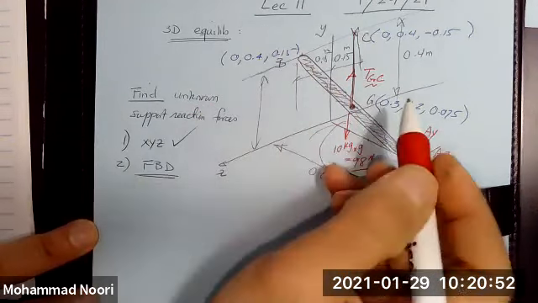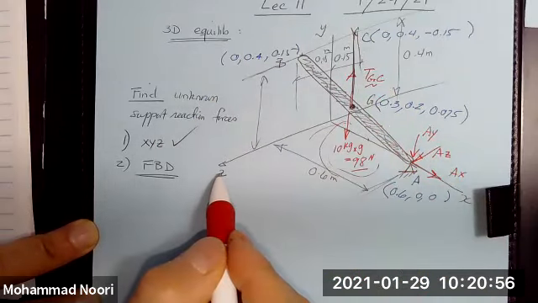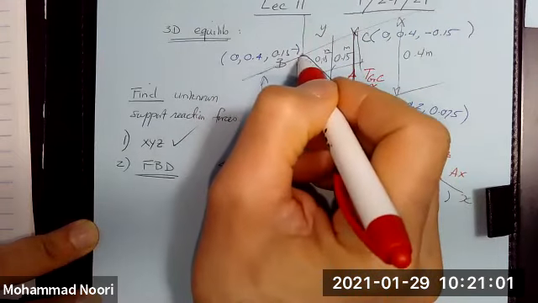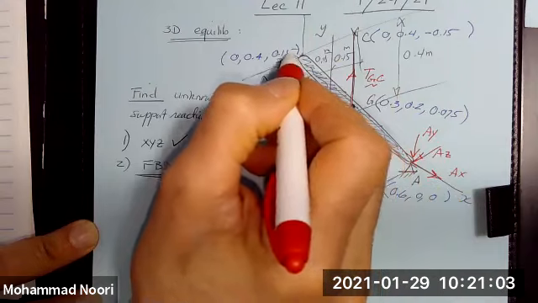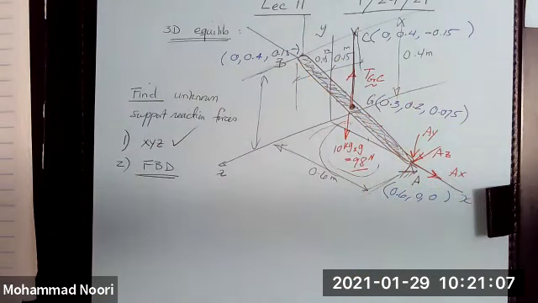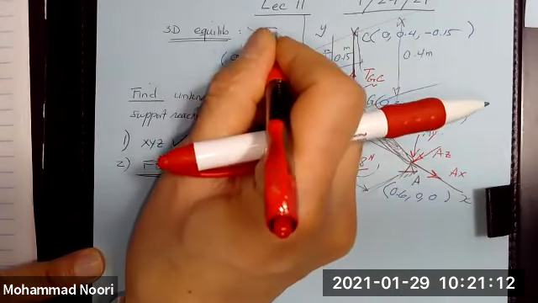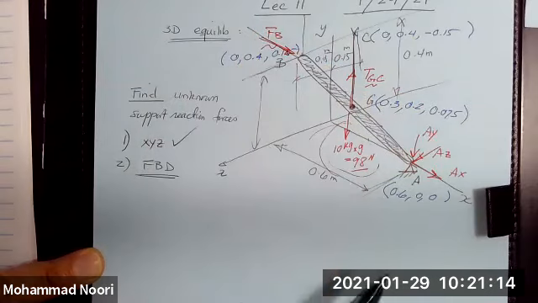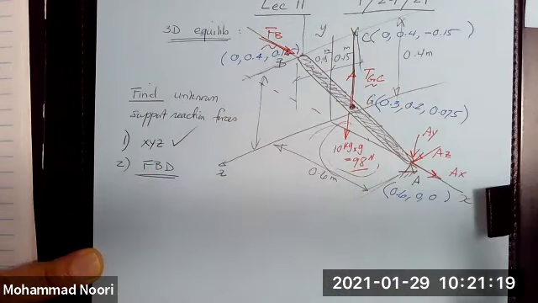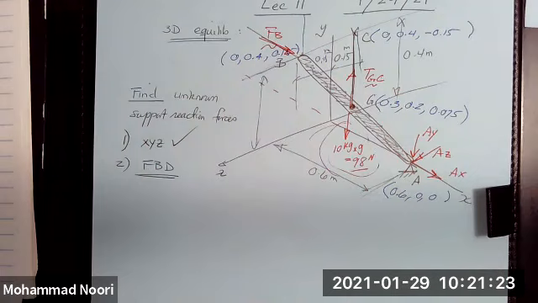So that means perpendicular to the YZ plane. So if I look at it like this, okay, you do have one force there, which I call F of B, and this F of B will be parallel to the x-axis. So how many unknowns do you have? 1, 2, 3, 4, 5. Any questions?